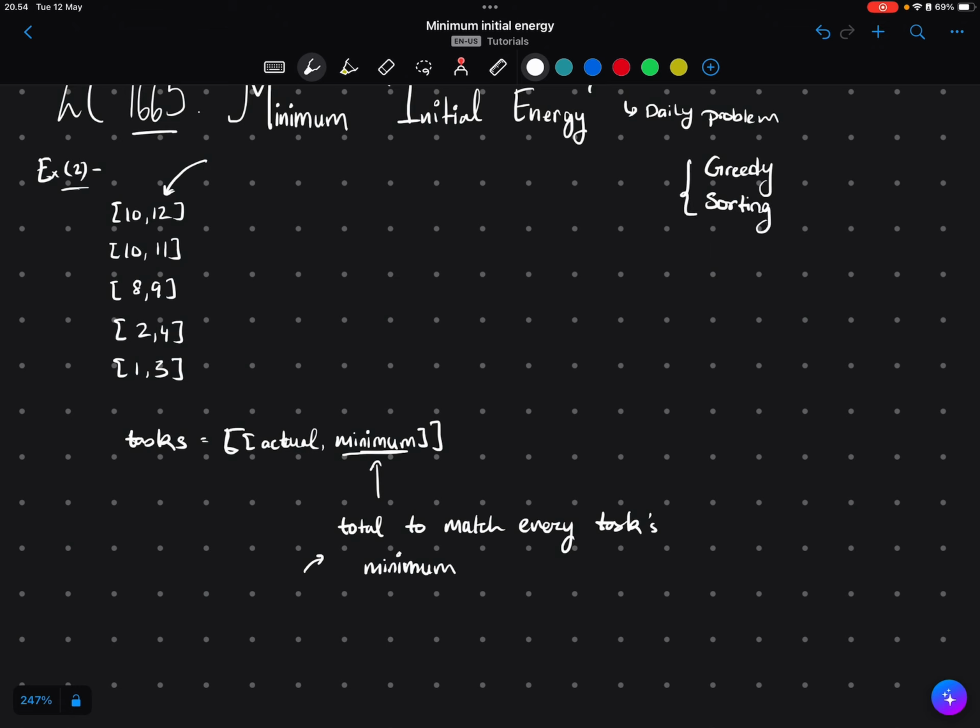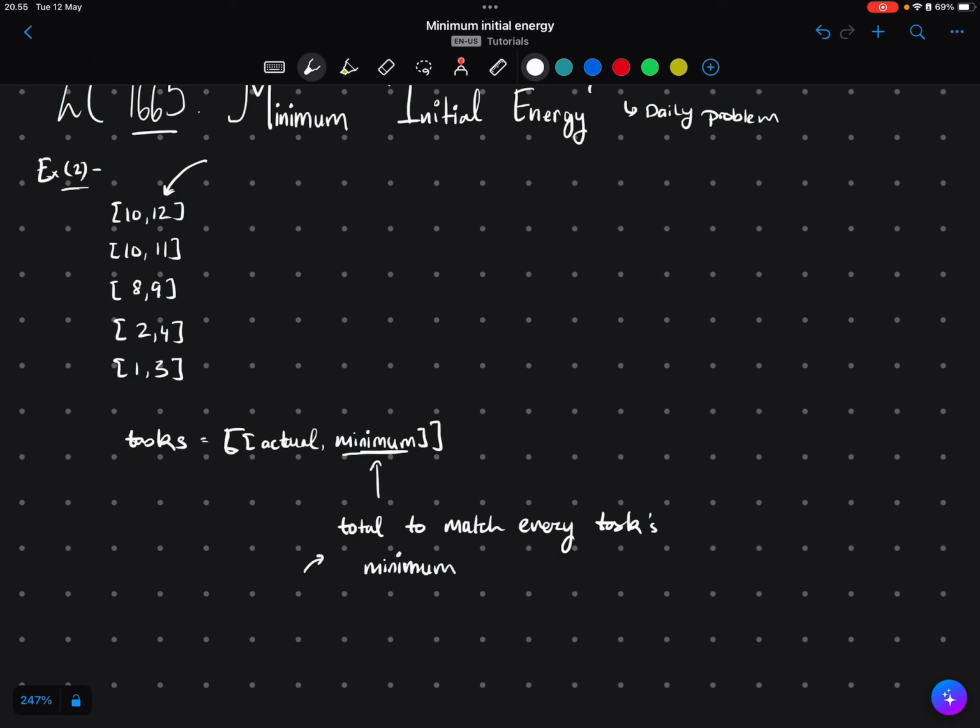You need to pick up a habit of greedy: whenever you have to determine a simulation, usually it's greedy. So greedy and sorting popped into my mind. But there are two ways to approach it. It's not that one of them is incorrect and the other is correct. I'll show you the two approaches that I used.